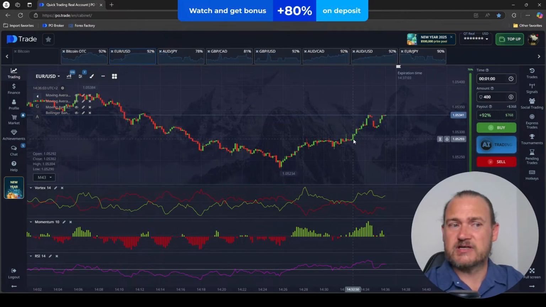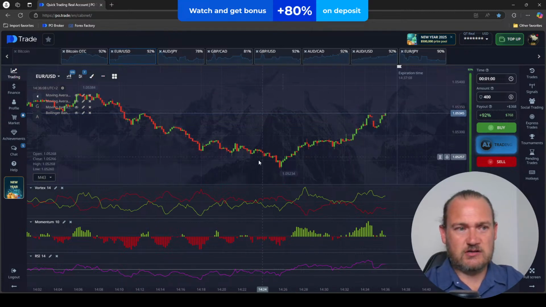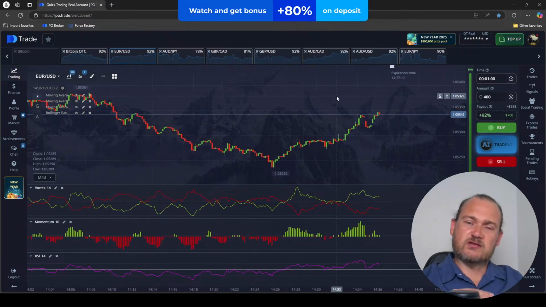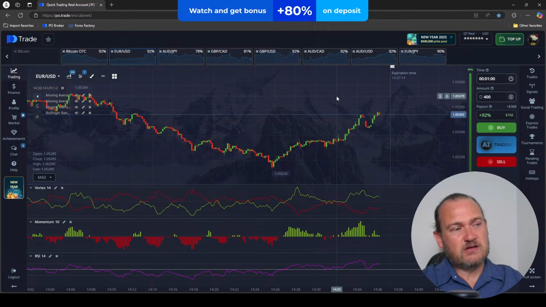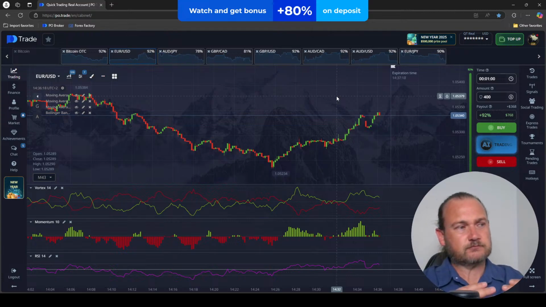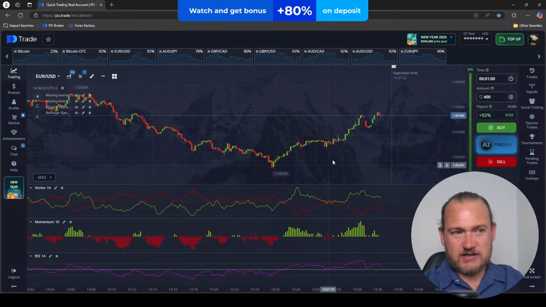It does happen, but it doesn't happen often. Usually price will be flowing as it was here or here, and because the vortex is a trend indicator, this is where it shines. This is where it really plays nice. Vortex does not play nice in areas of tight range.